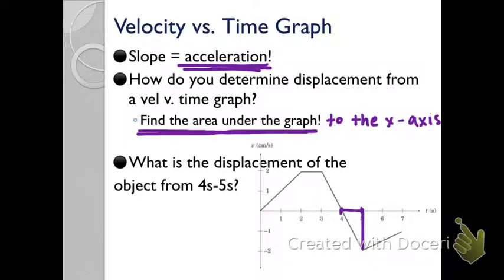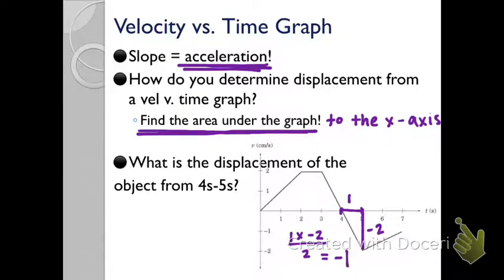So all I want to do is find the area of that triangle. This side of my triangle is 1 second. This side is -2 meters per second. So I'll go 1 times -2 divided by 2 equals -1.